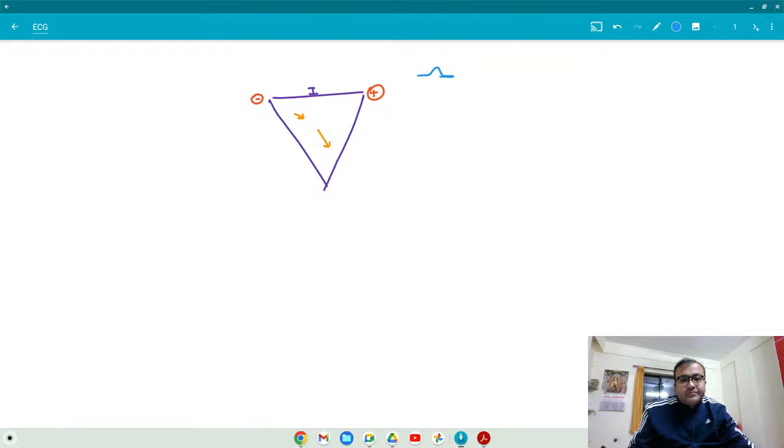Correct? So tell me what should happen to lead 2. Now we are talking about lead 2. So in lead 2, the P wave nature should be the same. Positive. Okay, talk about lead 3.